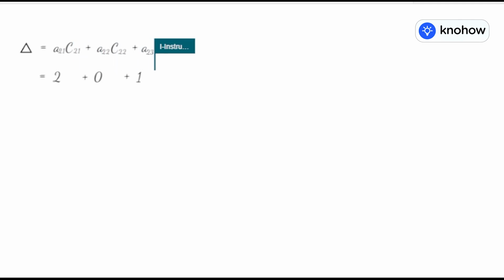So 2 into 7 plus 0 into 7. We are just writing for pattern's sake, otherwise it will be 0. And the third element is 1 and the corresponding cofactor is negative 7. So 1 into negative 7. So you get 14 plus 0 minus 7. Final answer is 7. We have been evaluating many sums like this in the previous exercises. But particularly here he is emphasizing minor and cofactor and wants you to make the idea more clear.